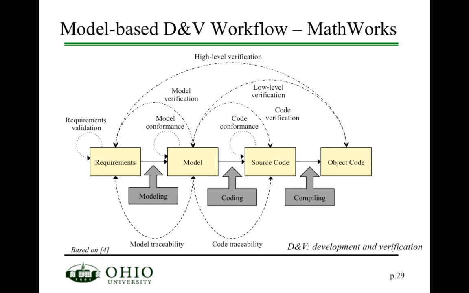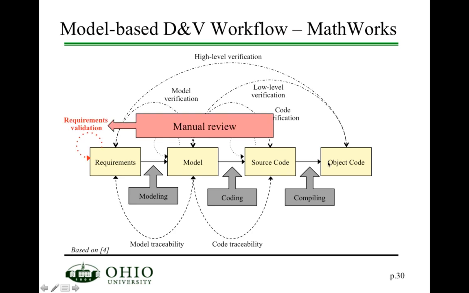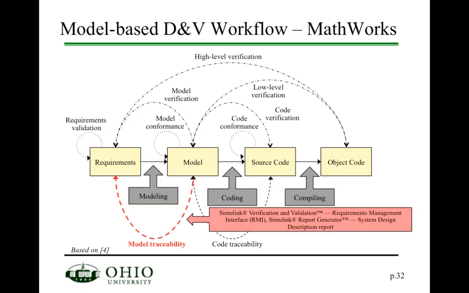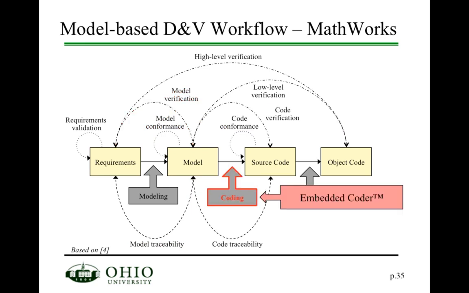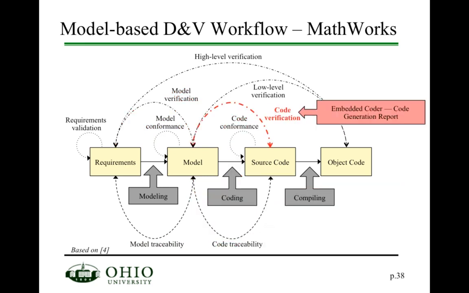Now, another way of looking at that, which I got from another paper that's also on Blackboard, is where I did the life cycle a little differently: requirements, model, source code, object code, and I indicated what kind of activities and what kind of tools you could use for each one of those.